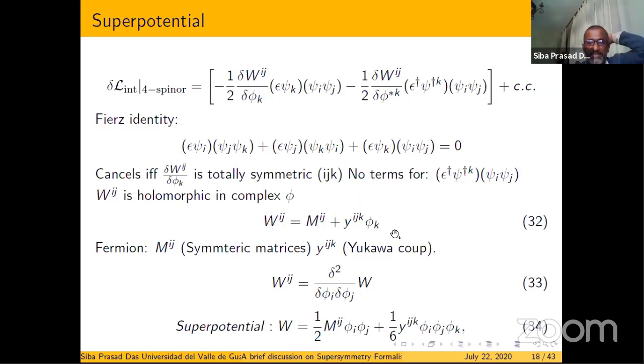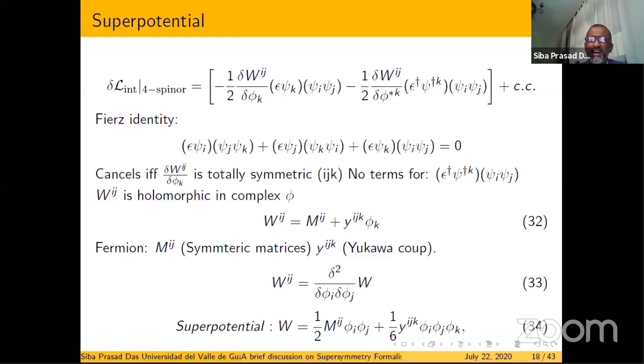You can get W_ij from the second derivative of W with respect to phi_i phi_j, and you can guess what W could be. This W is half of M_ij phi_i phi_j plus 1 over 6 Y_ijk phi_i phi_j phi_k, and this is called the superpotential.